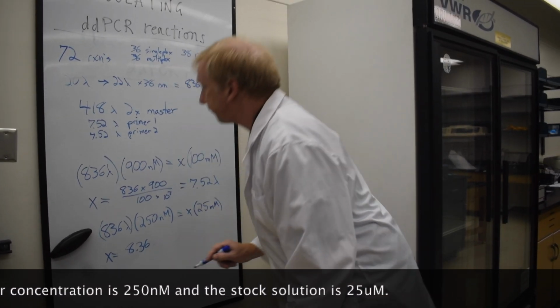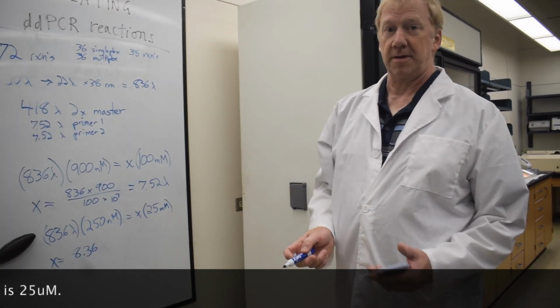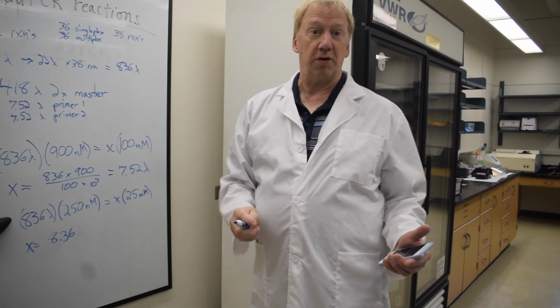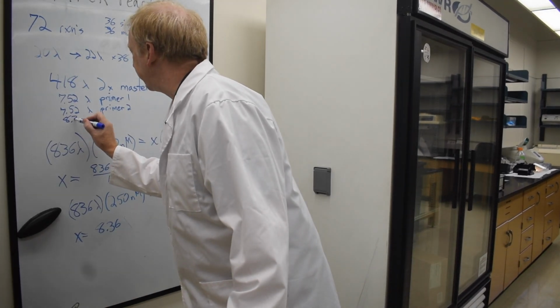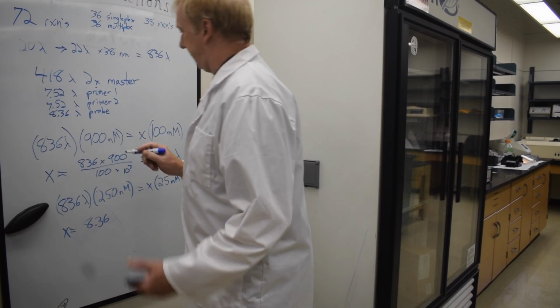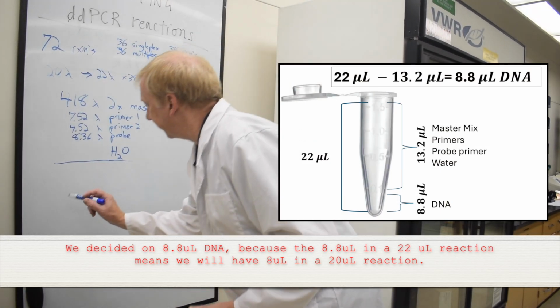So are you telling me we have forward and reverse primers, but we only have one probe? In our singleplex reaction, we only have a single probe, 8.36 microliters of probe.